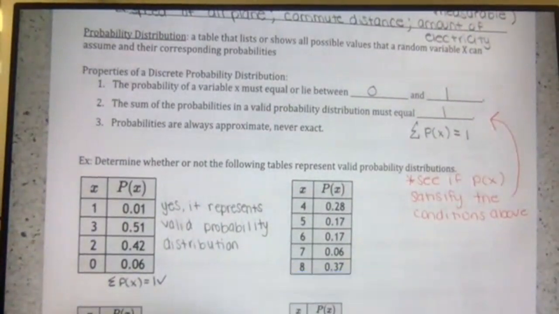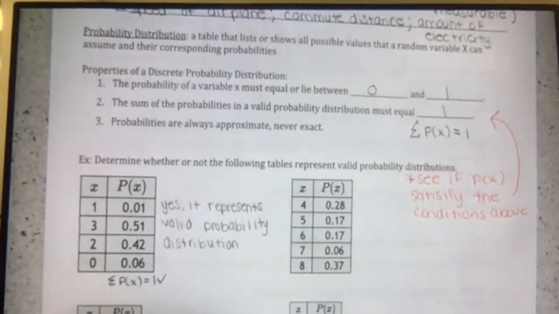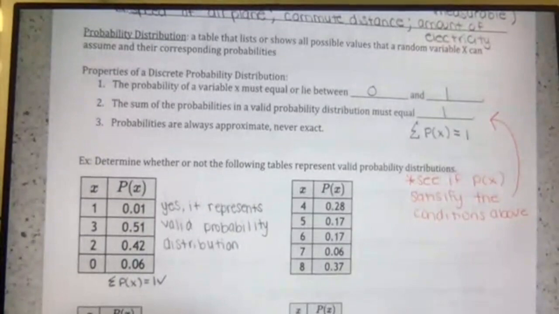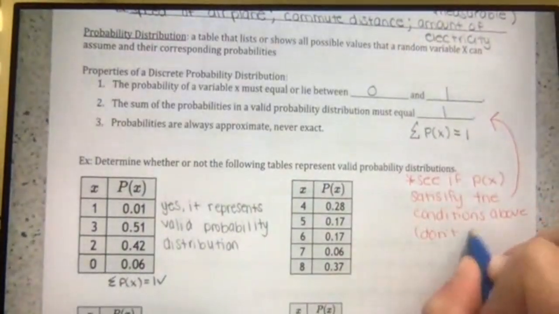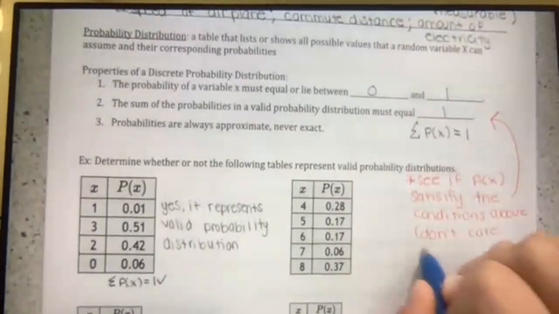Notice I say that see if P of X satisfies. These are probabilities. I don't care what X is. X is just my different options. So I'm not even really looking at my X column. So I don't care about X.